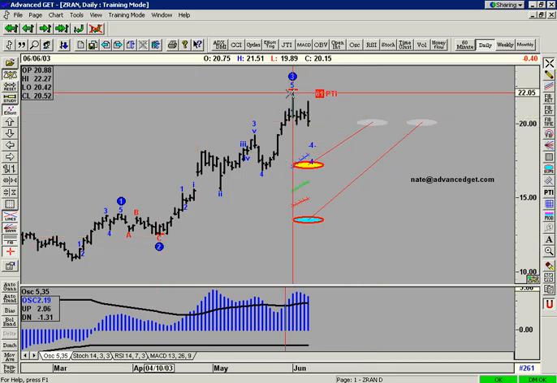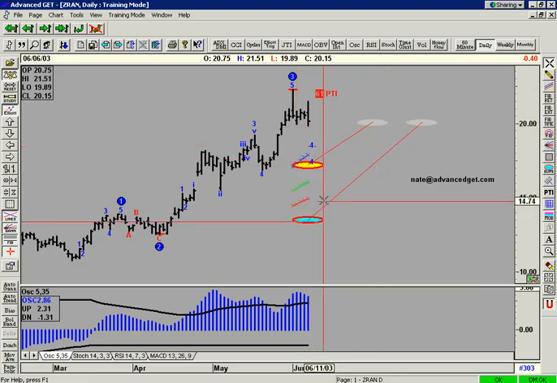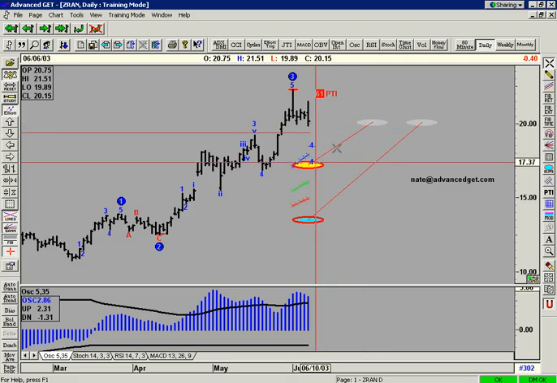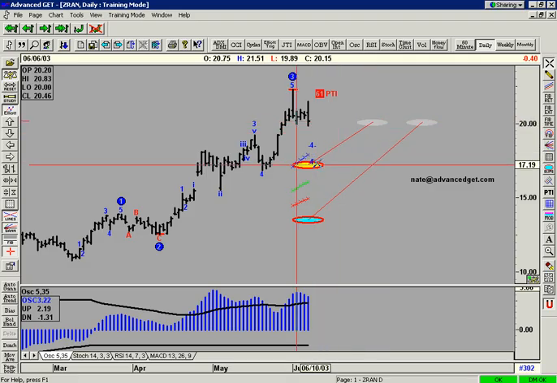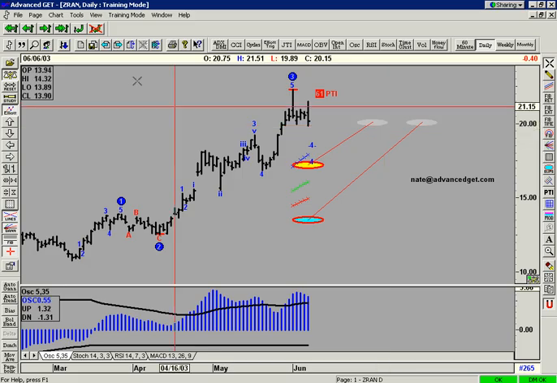I've drawn the ellipse from 2 to 3, and here's my short-term ellipse and my normal ellipse. And as I add each bar, you're going to see the body of the ellipse move closer to this shadow that it's connected to by the line. The ellipse is not confirmed until the shadow disappears.